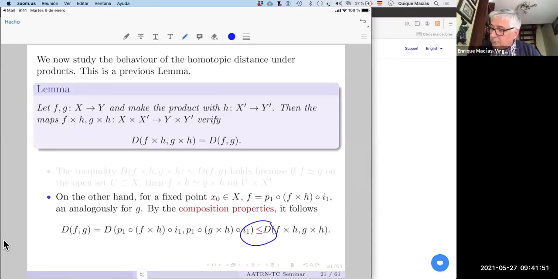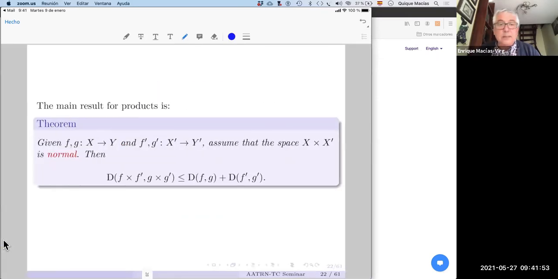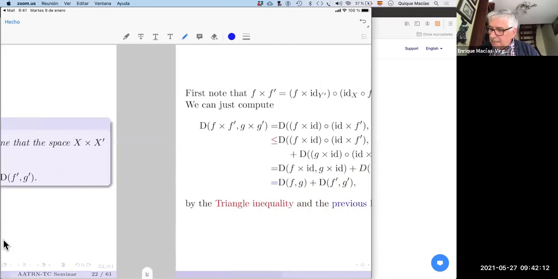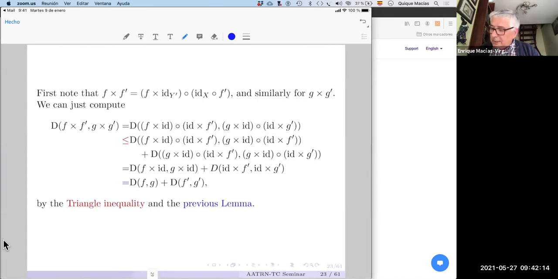The previous lemma is used in the general theorem, which is that if you have two maps F, G and another two maps F', G', then the distance between the products is less than or equal to the sum of the distances between the factors. And for that, you just use the previous lemma and you use the triangle inequality.